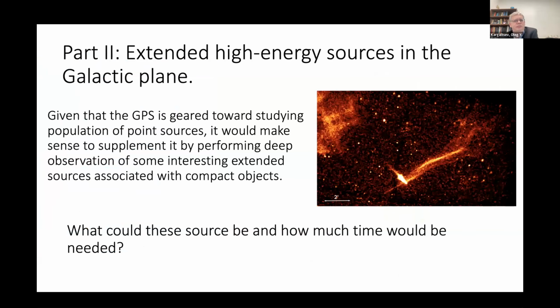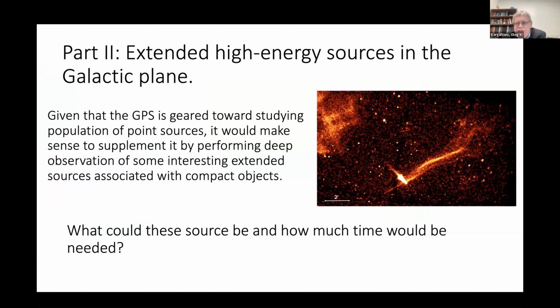Now, I'd like to talk a little about the second part, which is about extended high energy sources in the galactic plane. The GPS is really geared toward point sources and some diffuse emission, which is maybe associated with Fermi bubbles, but it is primarily hot gas.